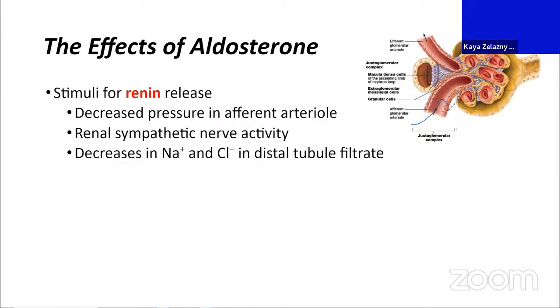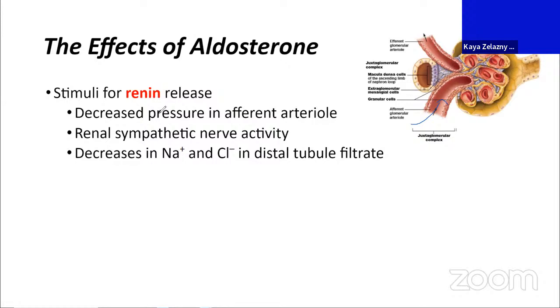If you suddenly stand up, you have a sudden drop in MAP, right? You want that baroreceptor reflex to kick in, clamp everything down, bring your blood pressure back up so you don't faint when you stand up, right? This also affects the kidneys. So that sympathetic nerve activity, in this case going directly to the kidneys, is a stimulus itself for renin release.